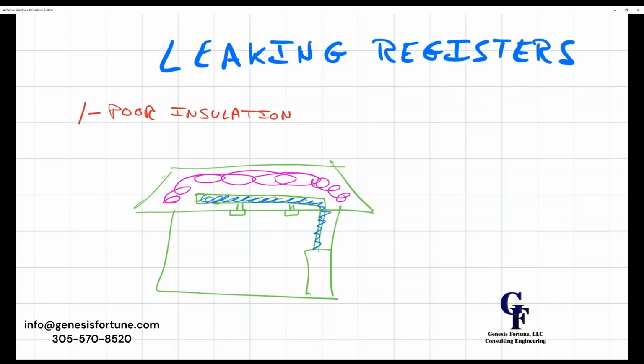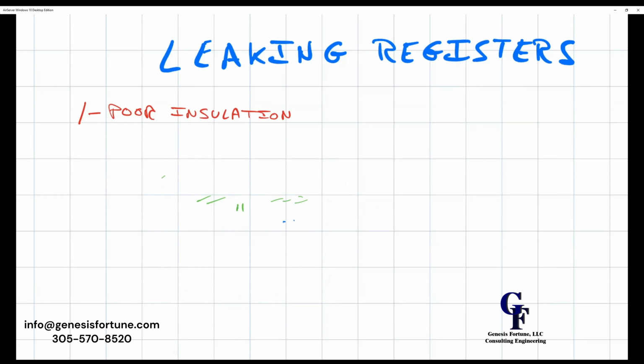Because it's so hot compared to the temperature inside the can that all the humidity outside the soda can will convert into water. So that's the thing that happens when you have poor insulation. The insulation around the duct is so small that the water formation around the duct will end up going through the registers.